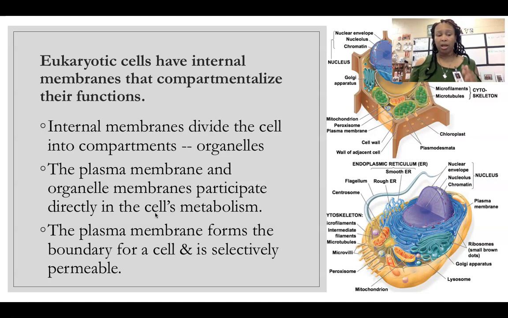Remember that the plasma membrane is made up of phospholipids, where it has a hydrophobic tail and a hydrophilic head. The phosphate part is PO4 3-, so it's negative, and water is polar. They both carry charges, so they love each other. But your fatty acid chains of that phospholipid are mostly hydrocarbons, mostly nonpolar bonds. They do not like water.